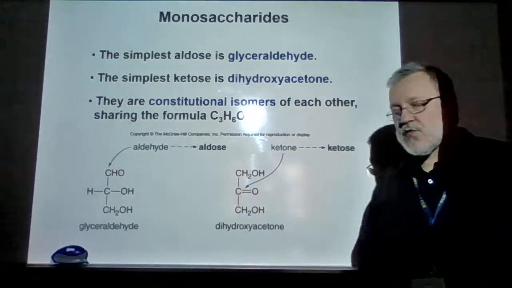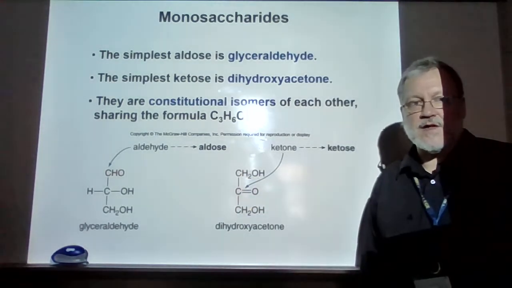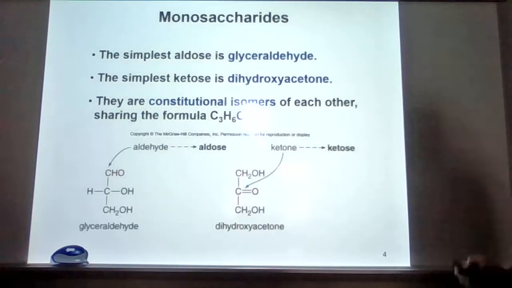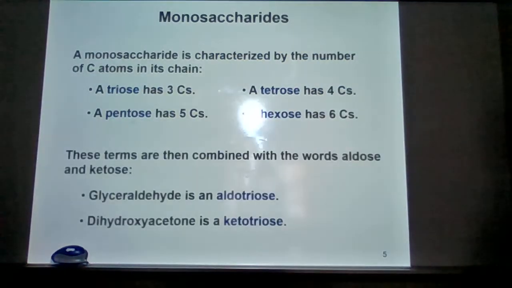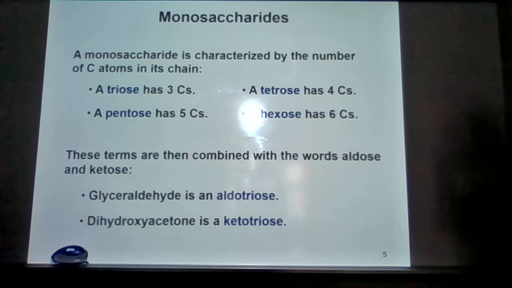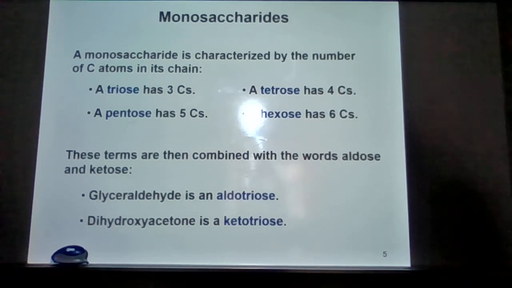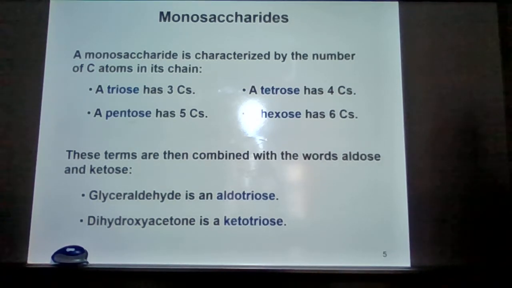Triose, 3 carbons in that sequence. So any combination of 3, 4, 5, and 6 with aldose and ketose. So you can have an aldopentose, a ketotetrose, an aldohexose, a ketohexose.